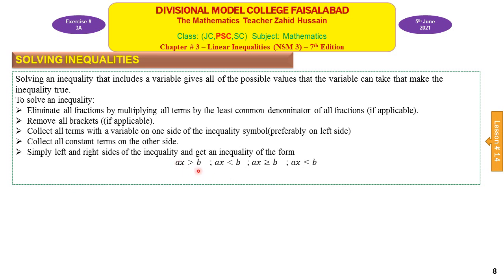We will divide both sides of the inequality by the coefficient of x. If the coefficient of x is positive, then there will be no change in the inequality sign, as we studied in the rules of inequality. And if this coefficient is negative, then multiplying or dividing both sides of the inequality will change the inequality sign.